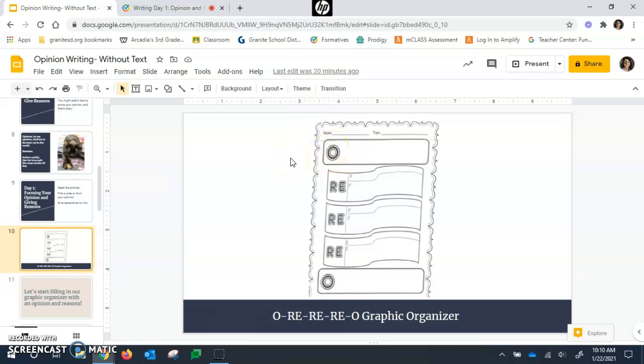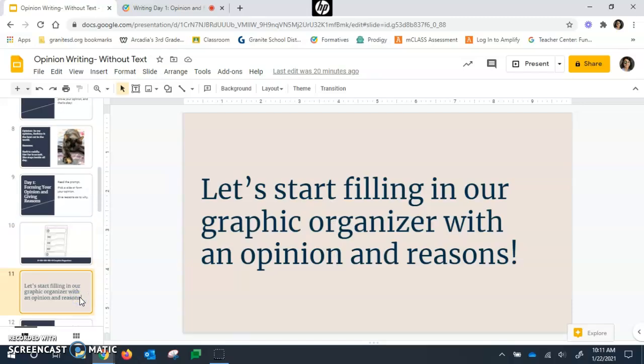And that's where we're going to state what we believe. And then the R in re stands for reasons, and the E stands for explanations. Today we're only focusing on 3 reasons, and then we're going to state our opinion again. So let's get started filling out our graphic organizer with our opinion and reasons.